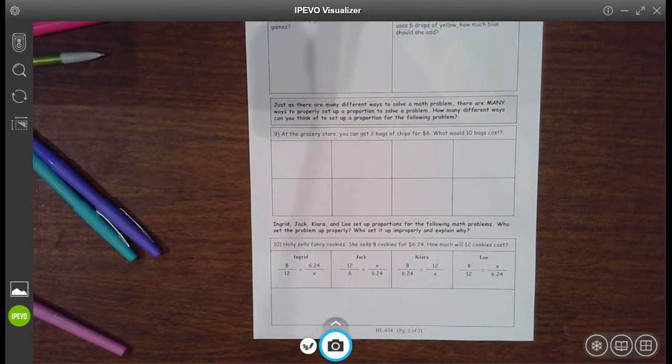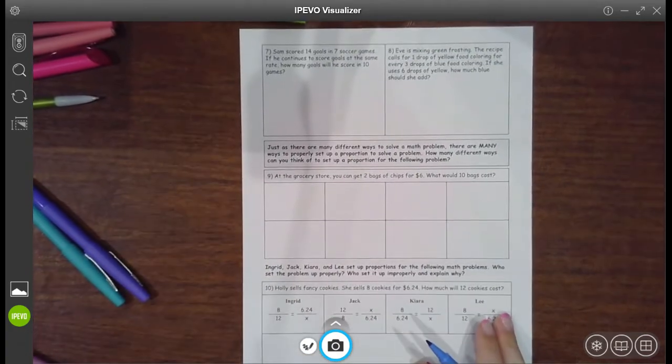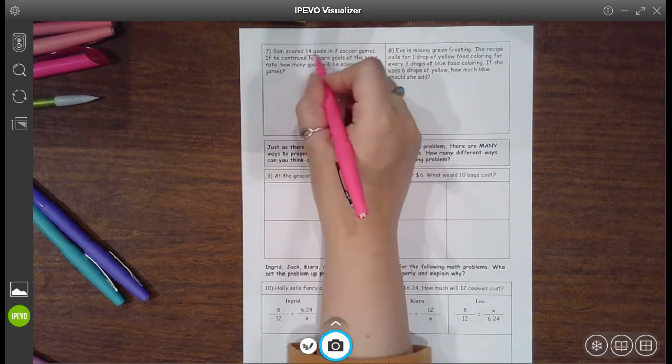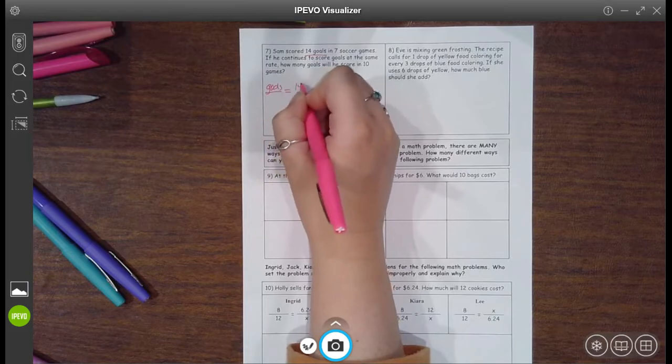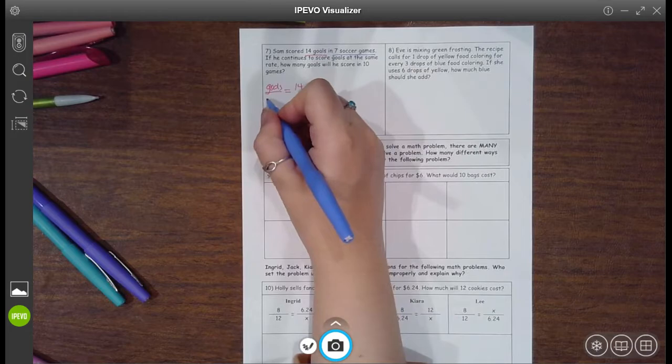Okay, the next problem says Sam scored 14 goals in 7 soccer games. If he continues to score goals at the same rate, how many goals will he score in 10 games? So I'm talking about the number of goals, which was 14, in regards to how many games played.